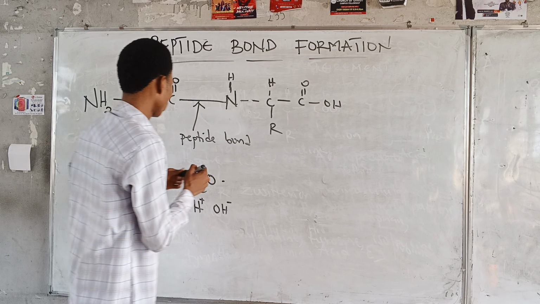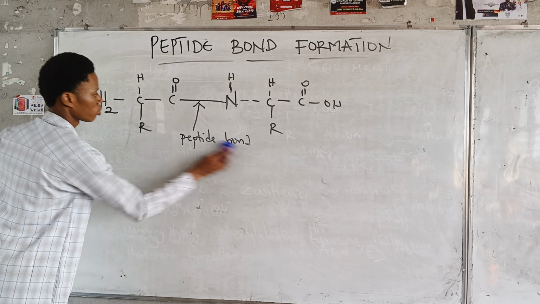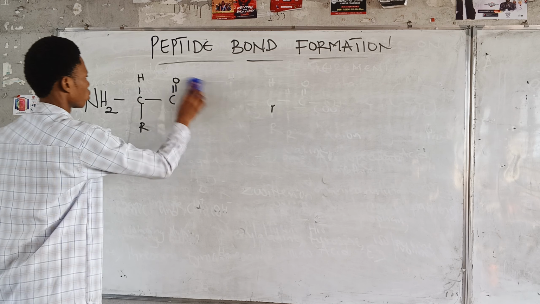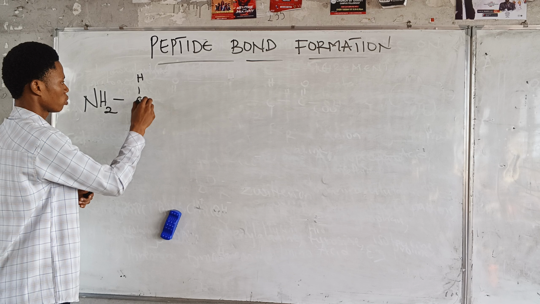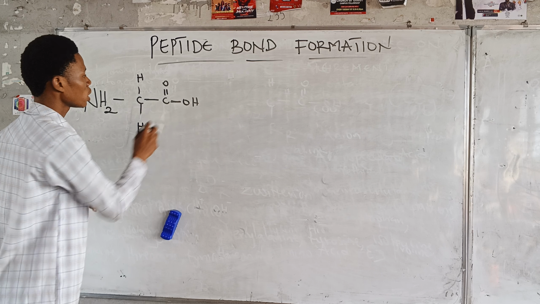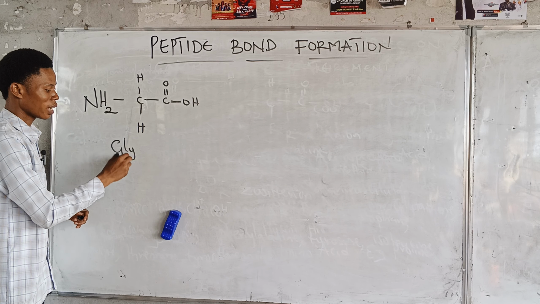If you have, let's take an amino acid now. What amino acid is this? This is the simplest amino acid. Glycine, right?